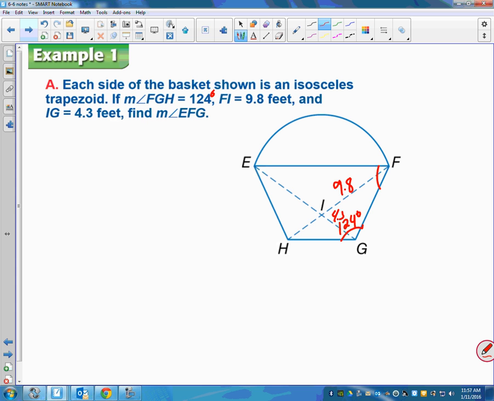Anybody got any ideas? Allie? So because we know the diagonals are congruent, right? I don't know. Maybe there's a way to go. What do you think, Grace?